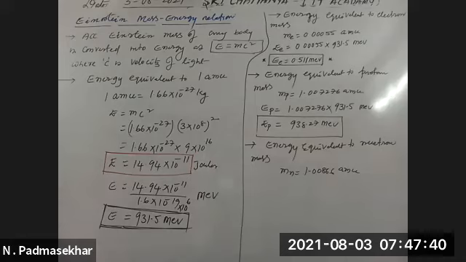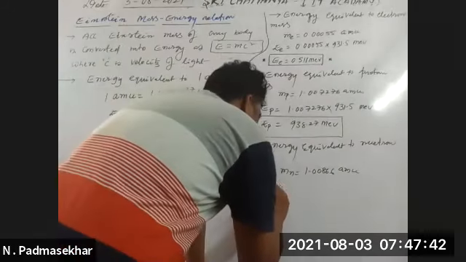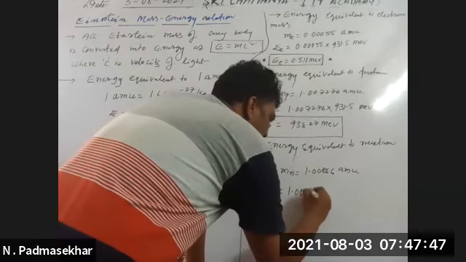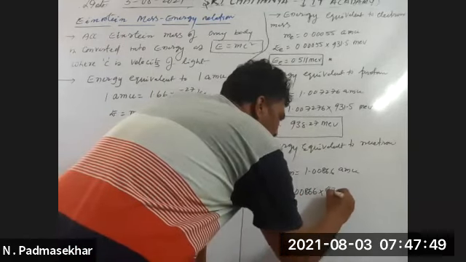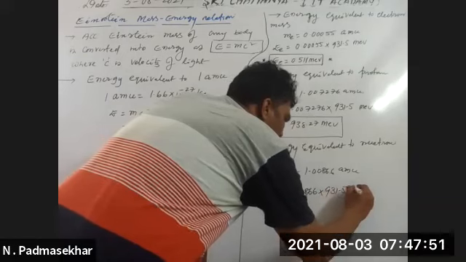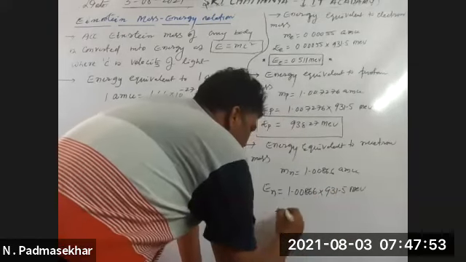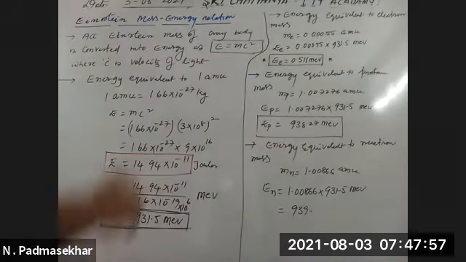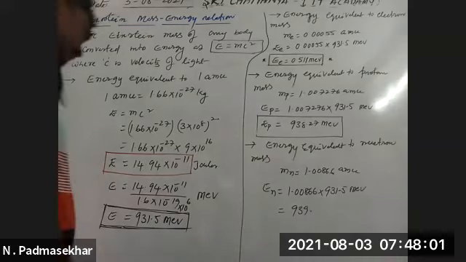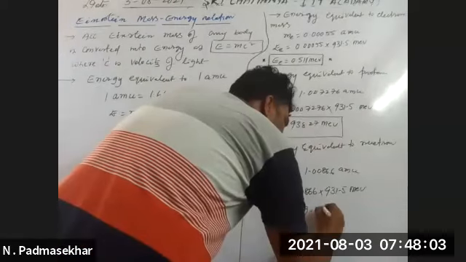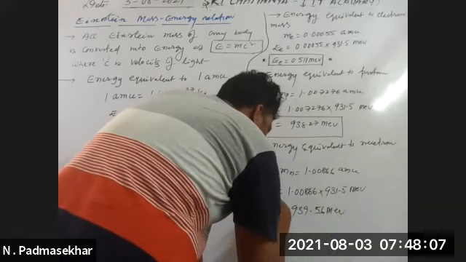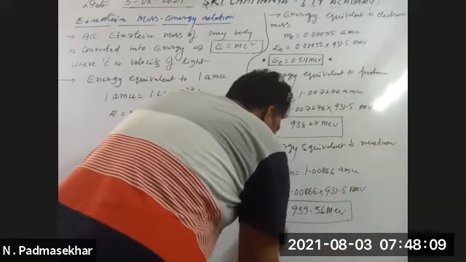So the energy of the neutron is equal to 1.00866 into 931.5 MeV, which is equal to 939.56 MeV. This is the energy of the neutron.